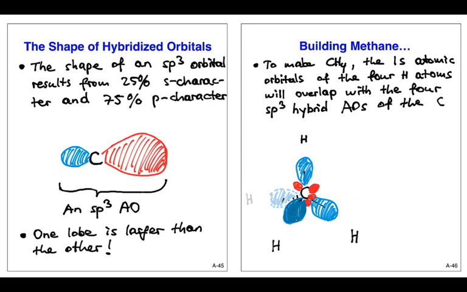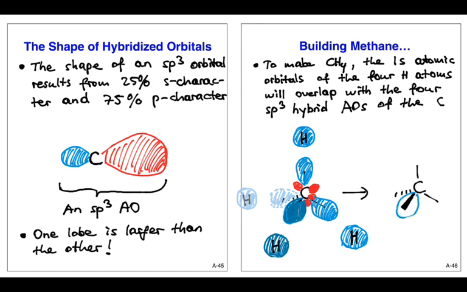Now I put the 4 hydrogen atoms around, and we're going to draw in the 1s orbitals, which each have 1 electron in them, for each hydrogen atom. All that has to happen to form methane is we have to move the hydrogens closer so that the 1s orbitals of the hydrogens start to overlap with each sp3 orbital on the carbon.